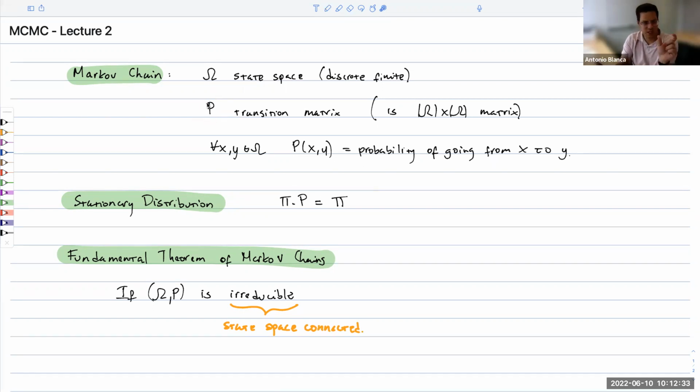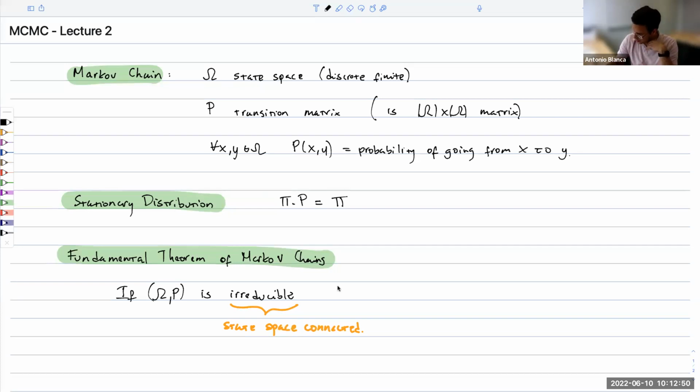Whenever P has a non-zero entry, we add a directed edge. And we say that the chain is irreducible if we can go from any state to any other state, like if this directed graph is strongly connected. Okay, so that's the notion of irreducibility.